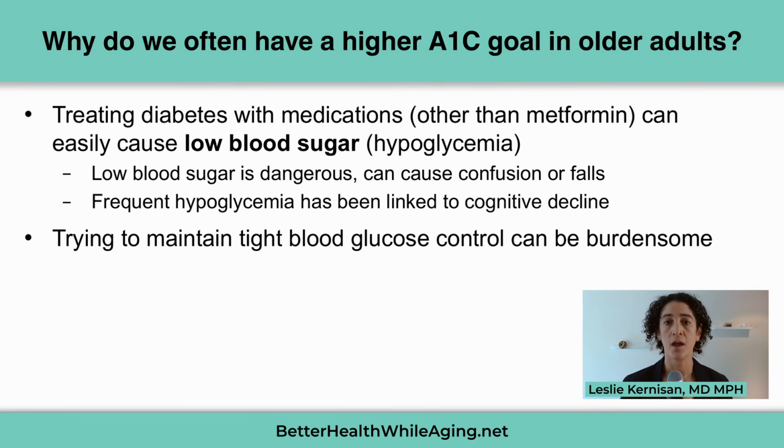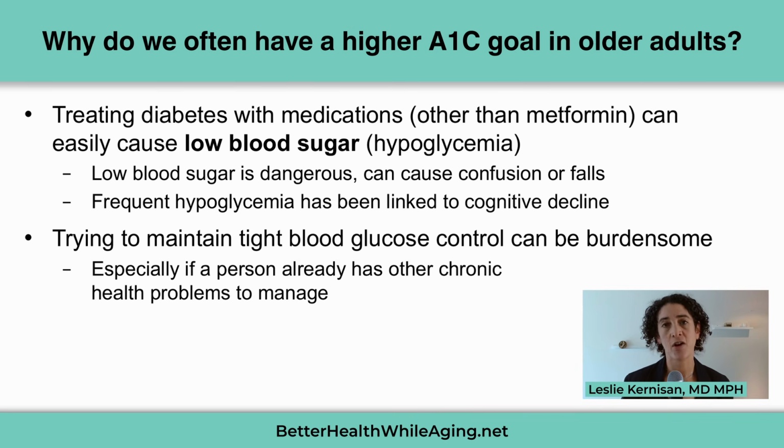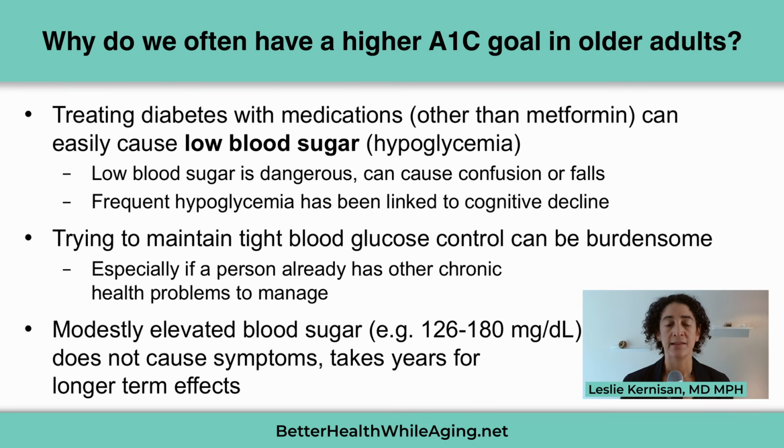Another reason why we often have a higher A1C goal is that trying to maintain tight blood glucose control can be burdensome for older adults, especially if they already have many chronic conditions to manage or if maybe they're having difficulty with their memory or thinking. Lastly, it's important to remember that modestly elevated blood sugar, so for instance, in the range of 126 to 180, generally doesn't cause symptoms, doesn't even cause dehydration or extra urination, and it can take years for those longer-term effects to manifest.